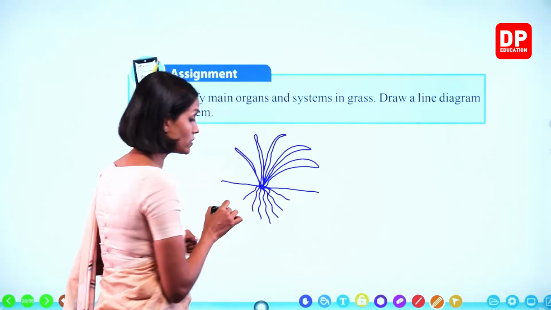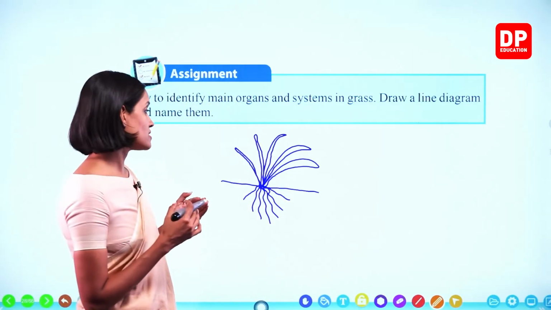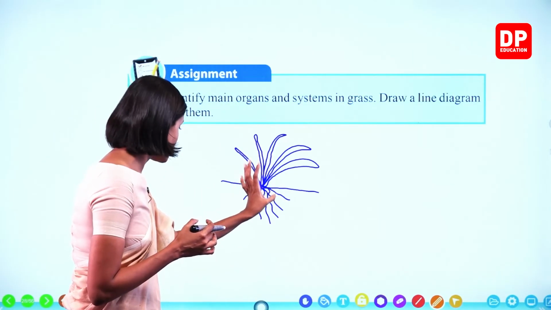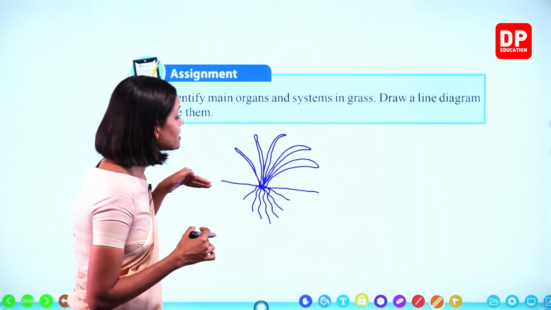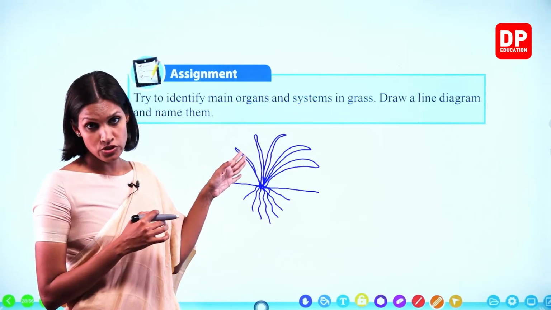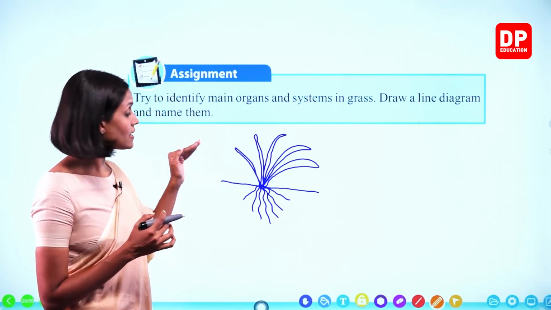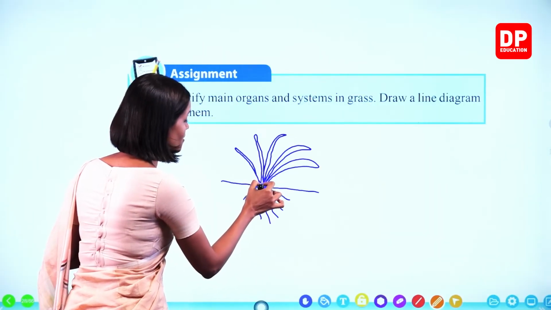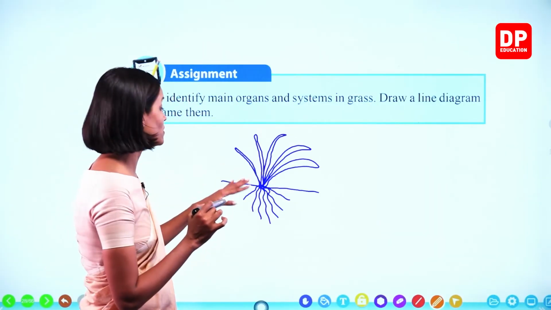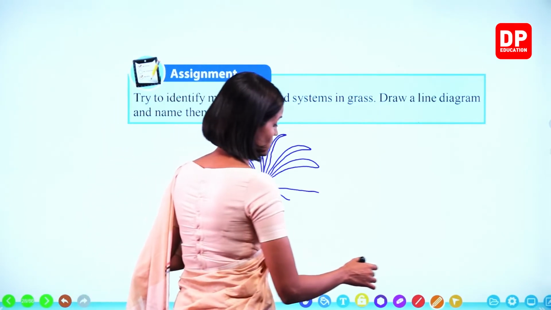Now when you consider the taproot system, there is one main root right at the base of the plant and other branch-like parts are connected to the taproot. Those roots are known as lateral roots. Here, all the tiny roots start from the same place. They are known as fibrous roots.